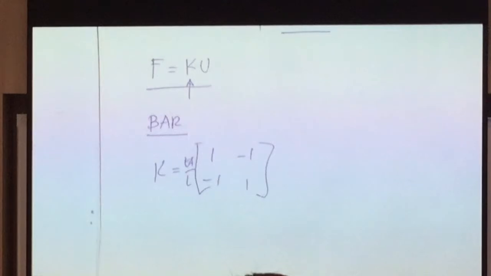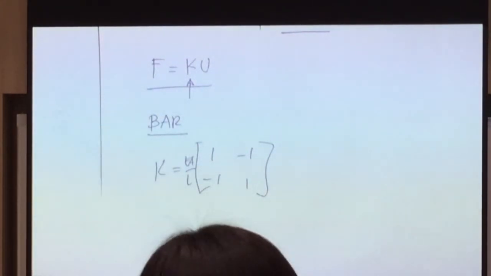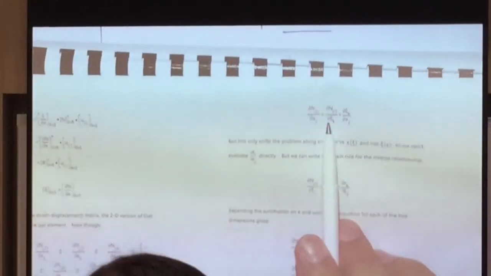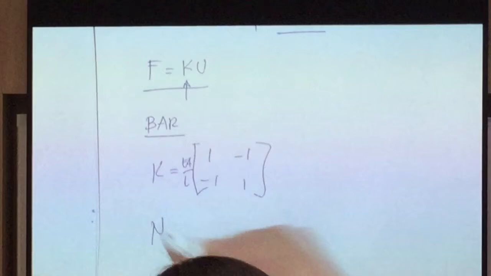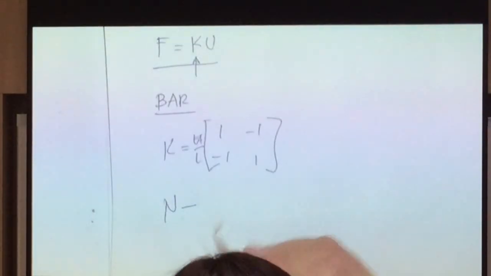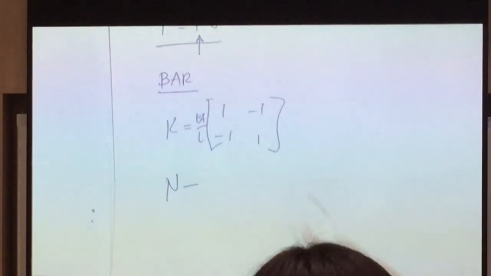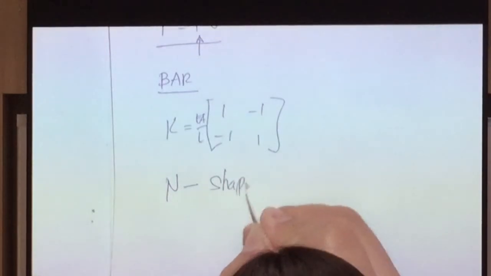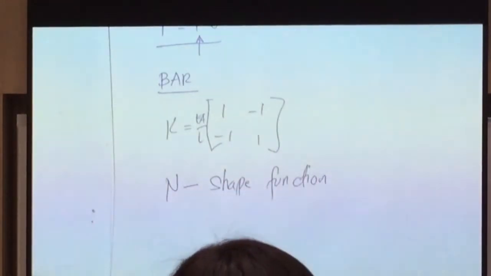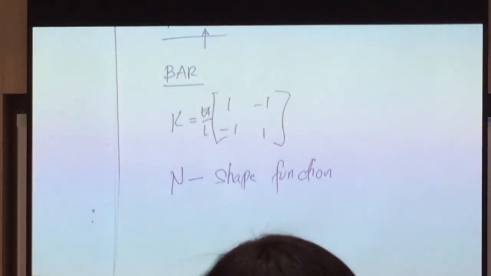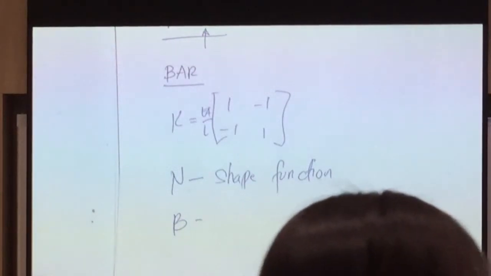I've shown you quite a number of things here already. So you have an N. What is an N? So let's start with N. Things to know. N will be your shape function. We have another term.